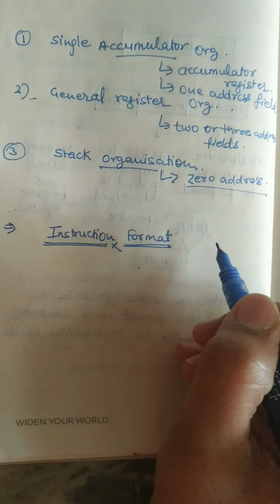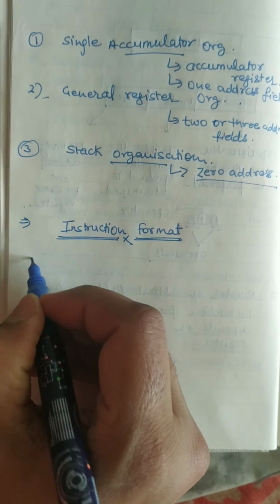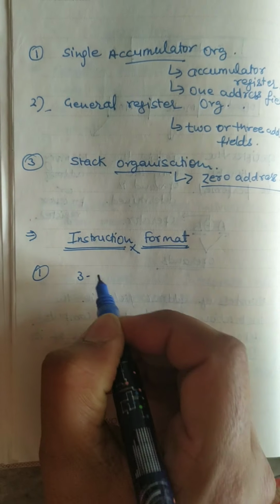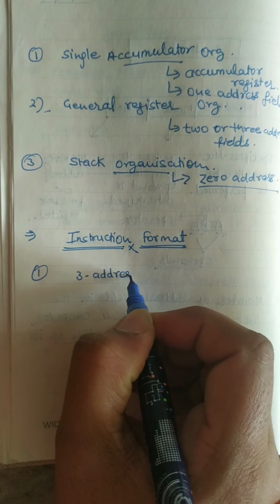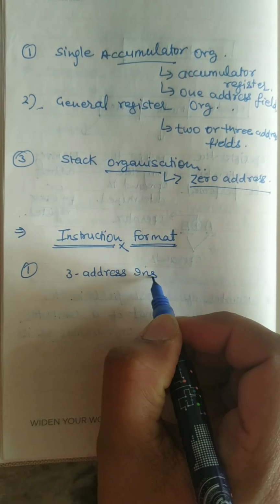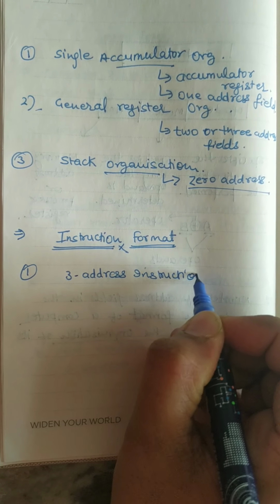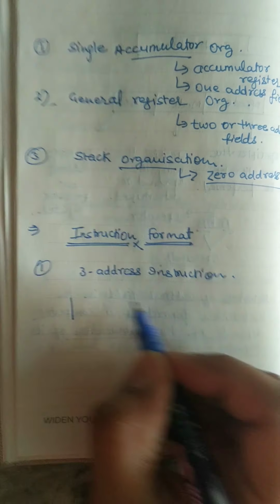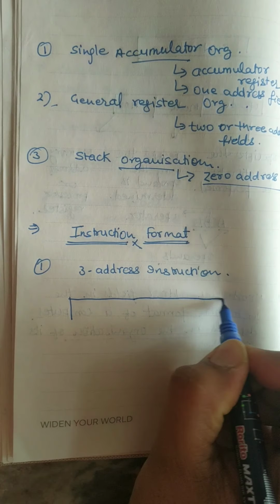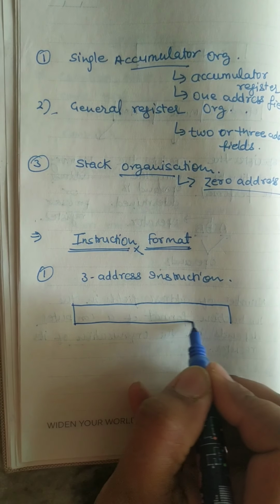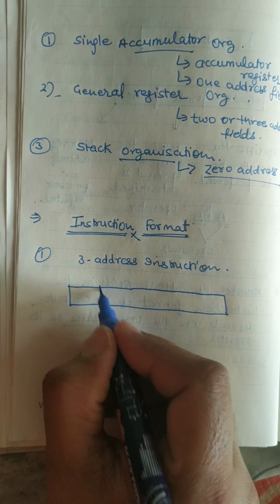Now the various address formats. First is the 3 address instruction. In a 3 address instruction, we will have 4 fields in our instruction.